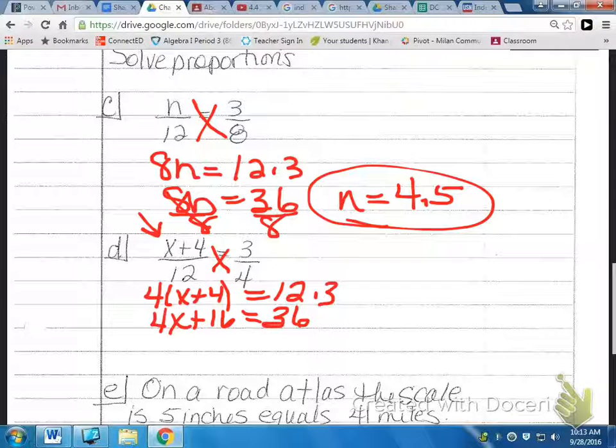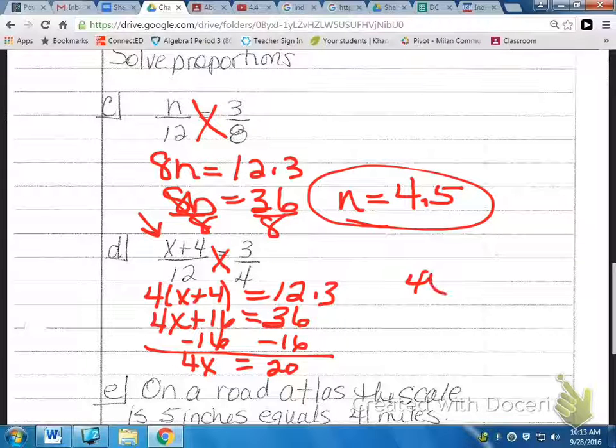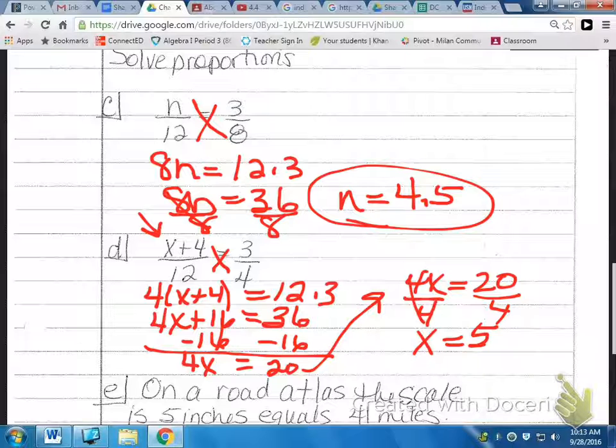And now we're solving a two-step equation. Subtract 16. 4x equals 20. I'm going to come over here with this because I ran out of space. Divide by 4, and x equals 5. Questions about that?